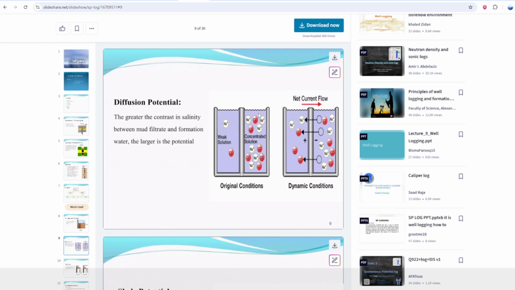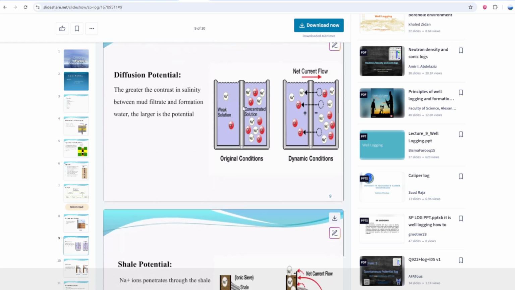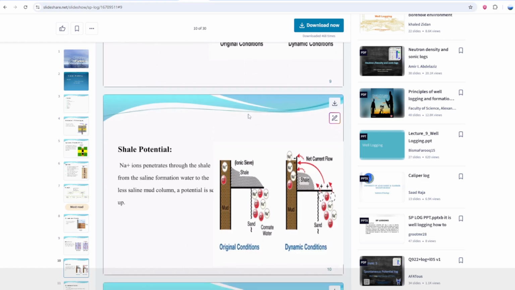But some ions are faster. Chlorides are faster than sodiums, right? So when they move from right to left, they create a net current flow from left to right, and that's what generates the potential.